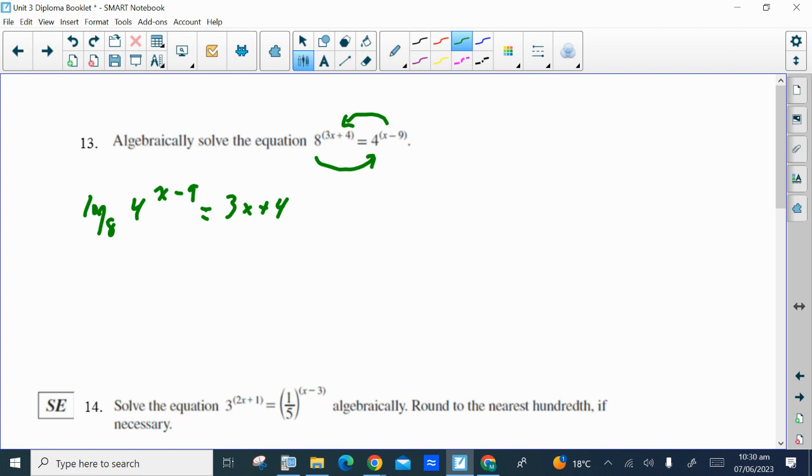The other option is you could take the common log of both sides, use the power law, and bring both coefficients in front, and then go from there. By doing it this way, you only got one exponent that you bring out front. That's the one on the left, because that's the log. So the x minus 9 comes in front as a coefficient. We'll multiply out those brackets.